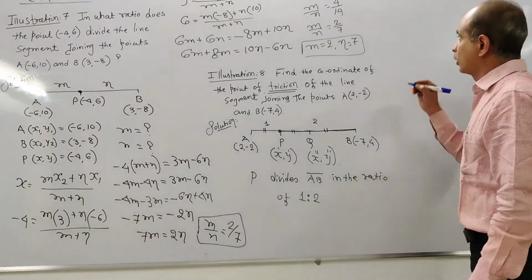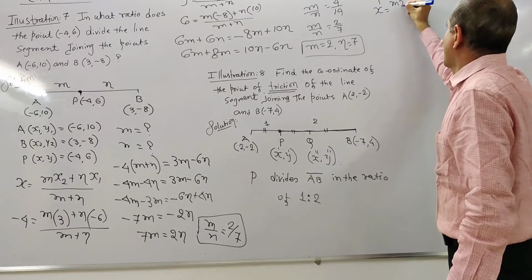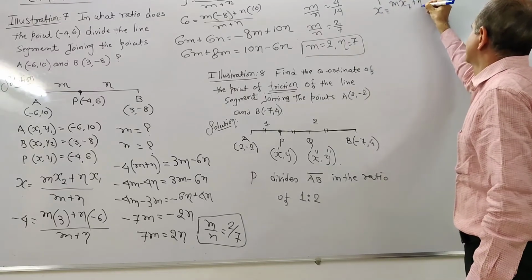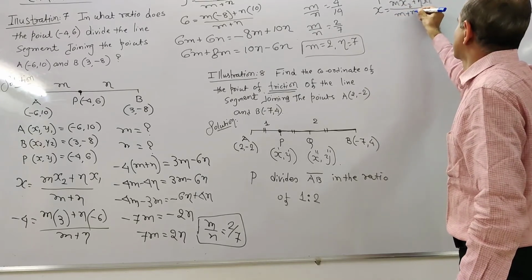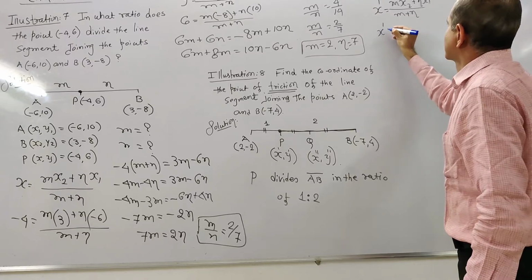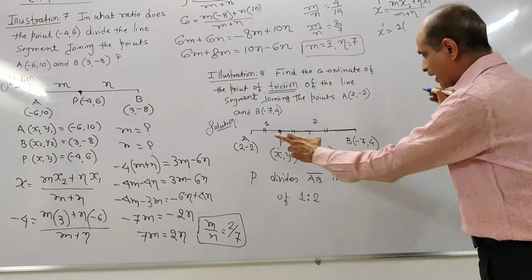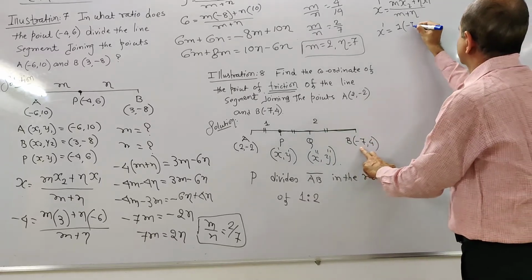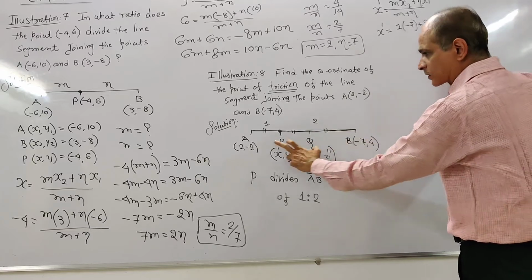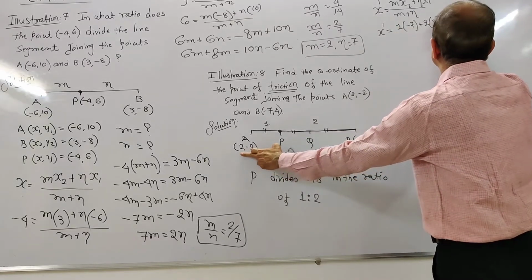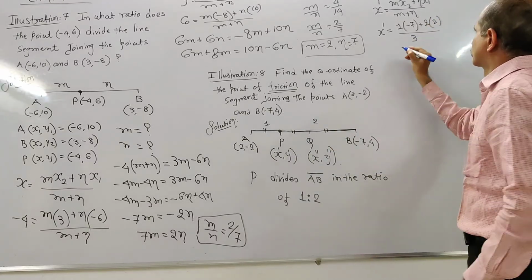Let me find x'. x' is equal to (m x2 + n x1) upon (m + n). Here m is 1, x2 is -7, plus n is 2, x1 is 2, upon m + n, that is 1 + 2, which is 3.